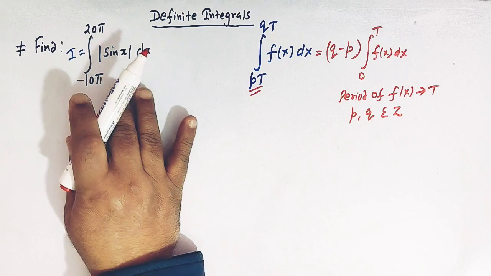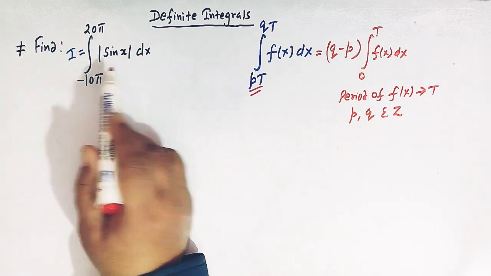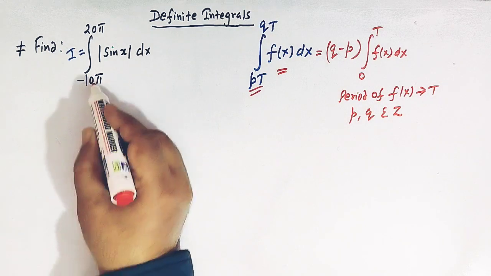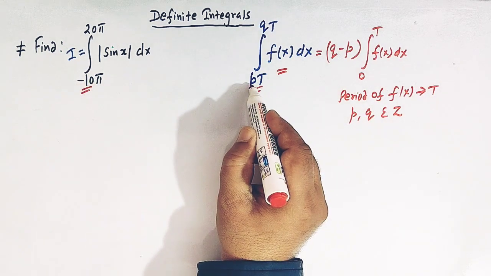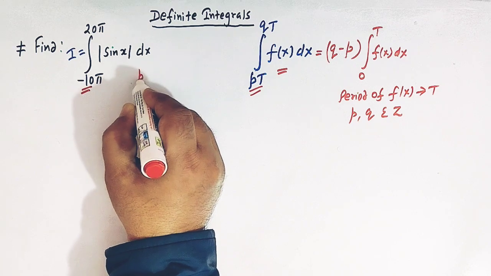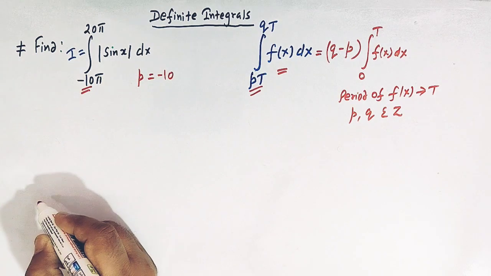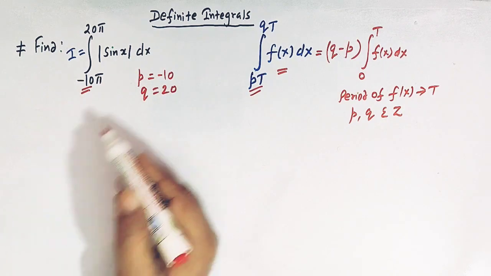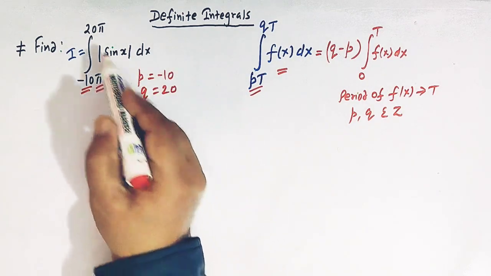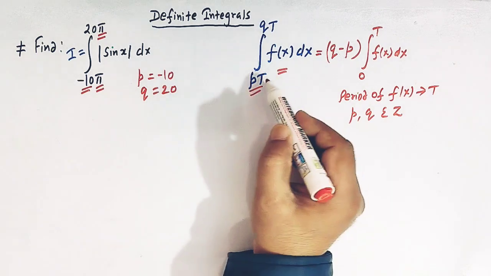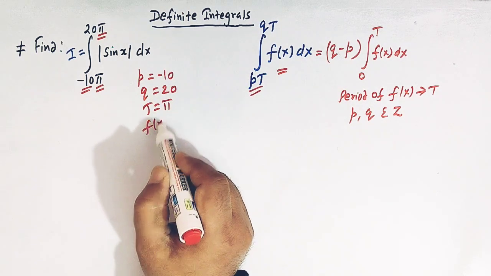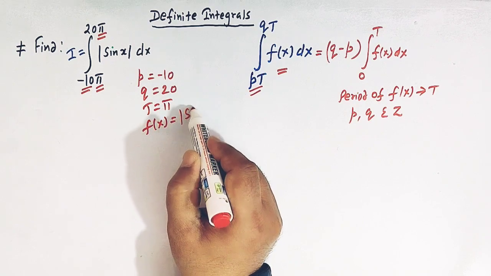Now let us first compare this integral with this one. If we compare, we can easily find that p is minus 10 and q is 20, and here we have pi, so T is pi, and f of x is mod of sine x.